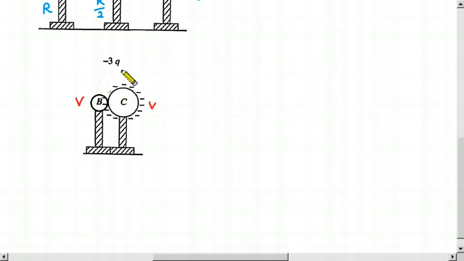Suppose at that moment this small one gets a charge Q1 and this one gets Q2. Since the total charge is minus 3q, we can write Q1 plus Q2 must be equal to 3q. We can neglect the minus sign. The magnitude is 3q. Totally we have 3q charge.